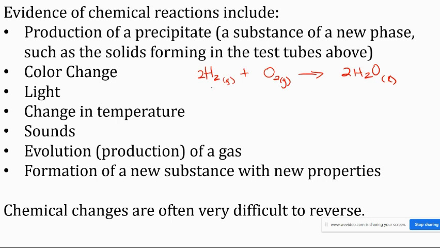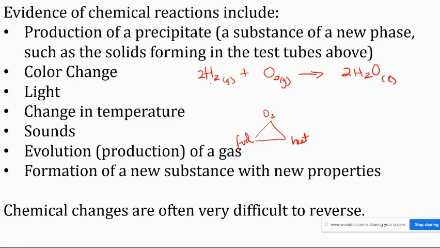Okay? Hydrogen is very flammable. Think of the Hindenburg. It go boom. Okay. Oxygen supports combustion. We have to have this present in order for a fire to exist. Remember your fire triangle, the 3 parts of your fire triangle. Oxygen is one of them.